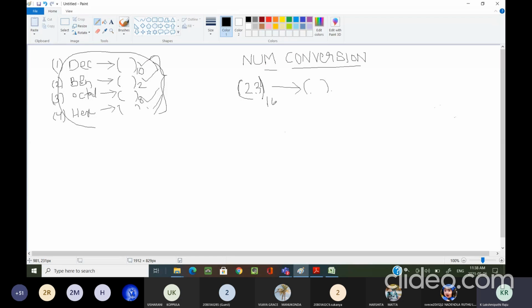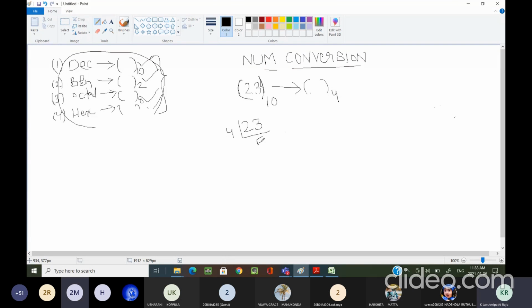The same problem I want to convert into base 4. What should I do? Divide by 4, long division, the same procedure. The given number is 23, base 4. How many times? 4 fives are 20, 5 times.